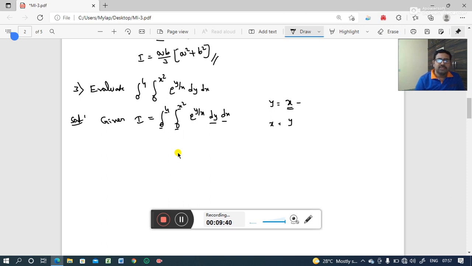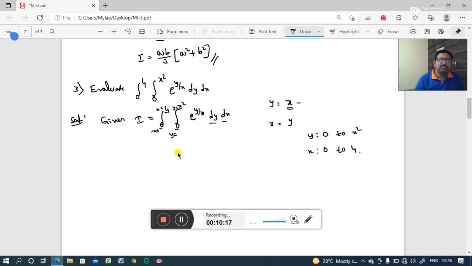If you look at your second integral limits, 0 to x square, it is in terms of x, so these are y limits. So y lower limit is 0 and y upper limit is x square. Similarly, x lower limit is 0 and x upper limit is 4. If you are getting confusion, write it at one side: limits of y are varying from 0 to x square, and limits of x are varying from 0 to 4.